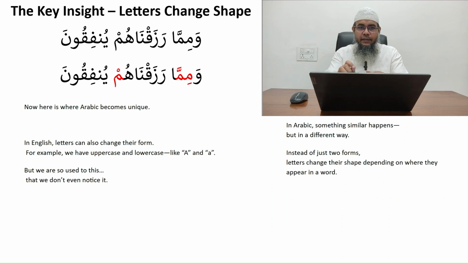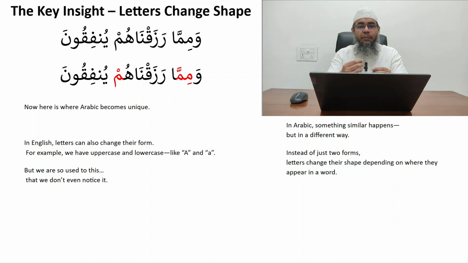Now the key insight is letters change shape. You can see two lines in Arabic. The first line is plain text and in the second I've highlighted certain letters in red. Now here is where Arabic becomes unique. In English, letters can also change their form.